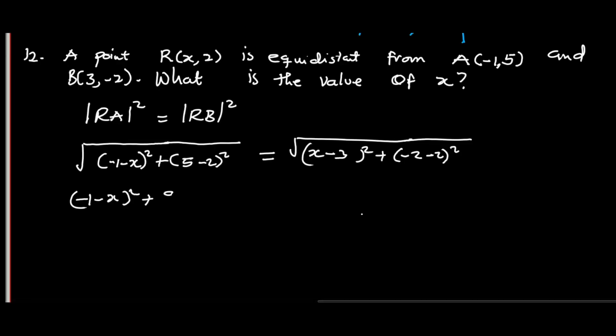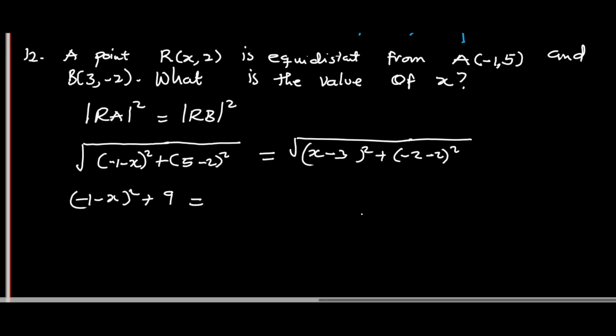3 squared is 9, equals, the same thing happens here: we have (x minus 3) all squared, then we have negative 4, and negative 4 squared will give us 16, so plus 16.